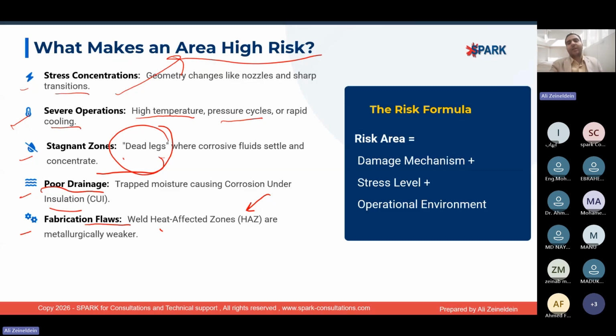Okay, so in order to summarize, the risk formula: damage mechanism plus stress level plus operational environment. This is the criteria or the parameter. How can we classify any area, if it will be high risk or medium risk or low risk?